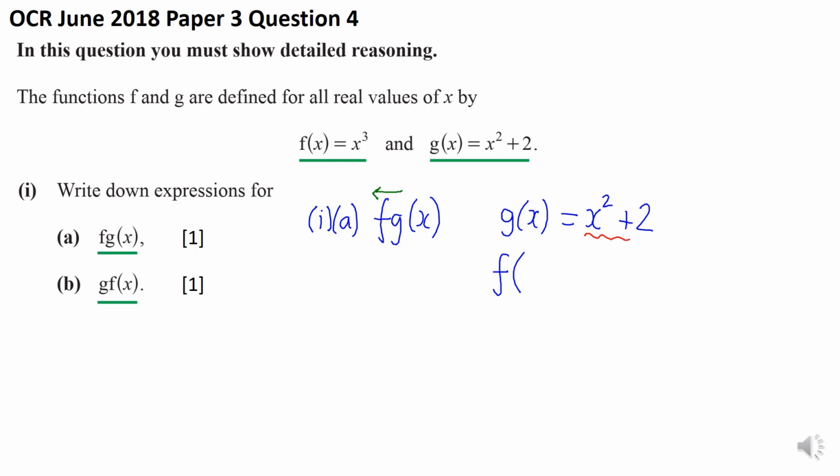The output is x squared plus 2, and that's what we feed in to f. So f of x squared plus 2. Right, f of x is x cubed, and so we write x squared plus 2 cubed. And we leave it at that for 1 mark.